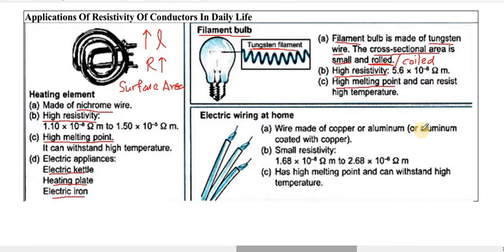That means the high melting point helps a little bit, but the main reason why the tungsten filament can continuously release light without breaking or melting is because of the high pressure inside the bulb, inside the glass casing.